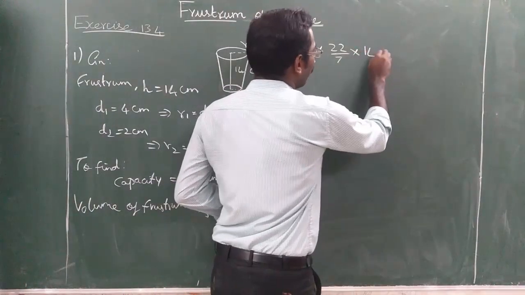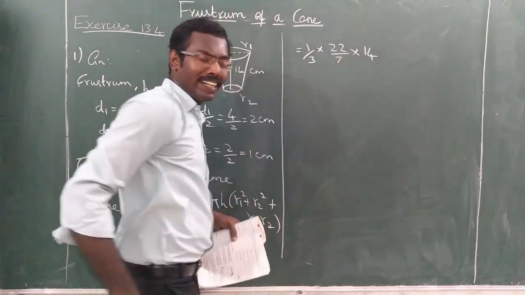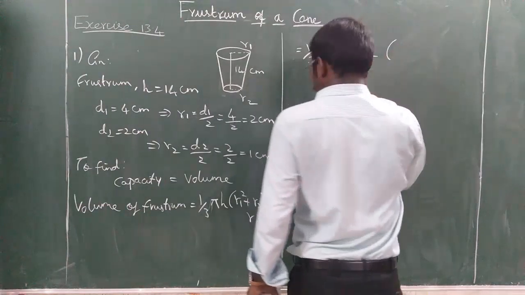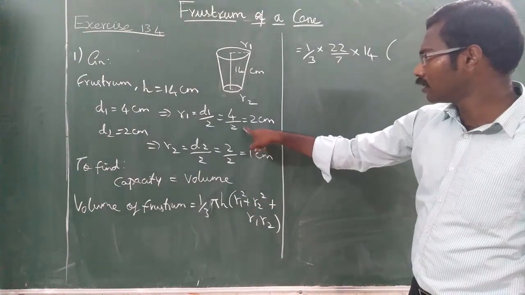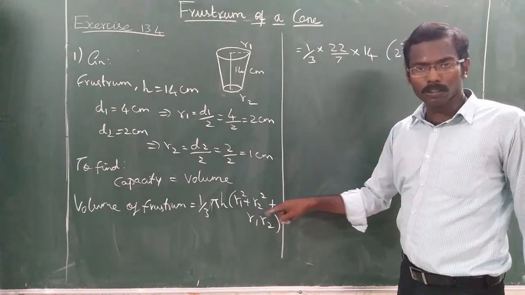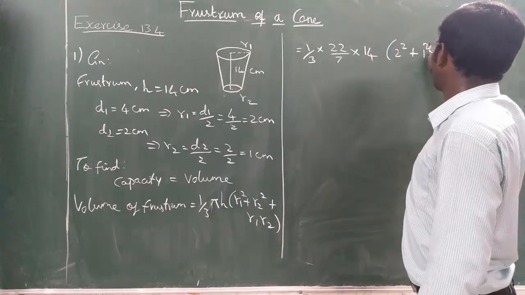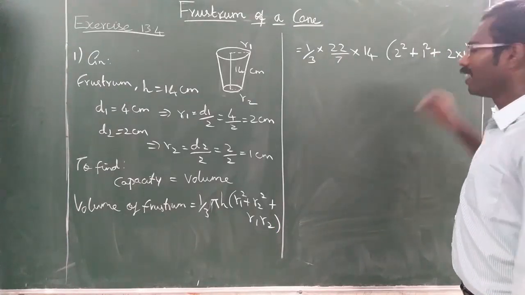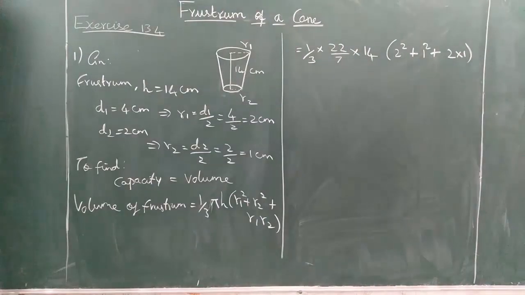Why I wrote the pi value is that this 7 and 14 can get cancelled. Now into R1 square. R1 is 2. So 2 square plus R2 square. R2 square is 1 square plus R1 into R2. R1 into R2 means 2 into 1. It's easy, isn't it?